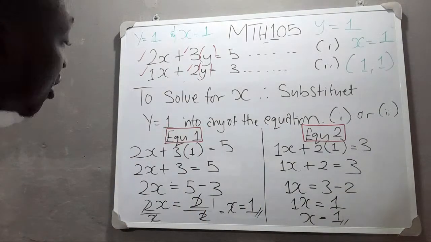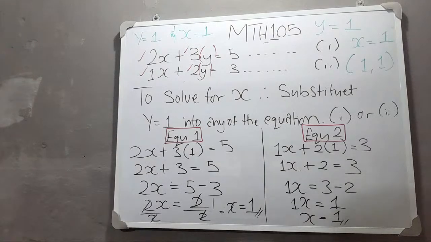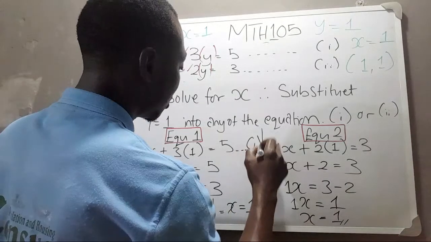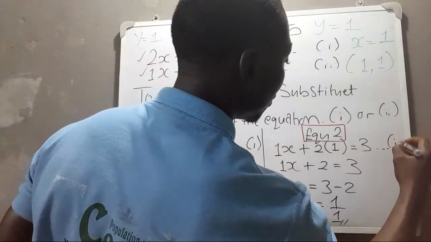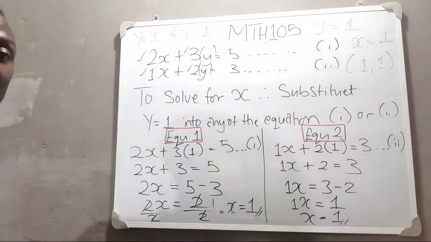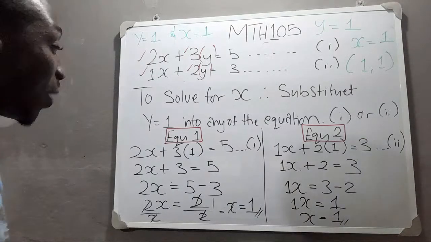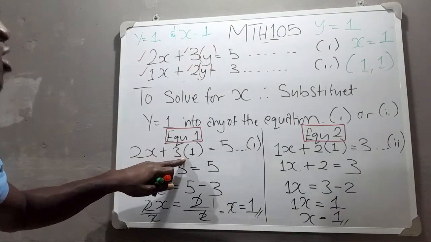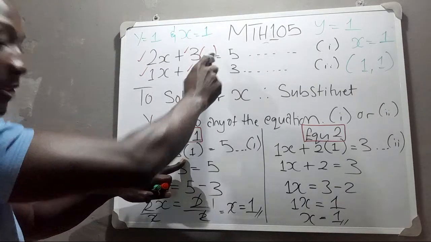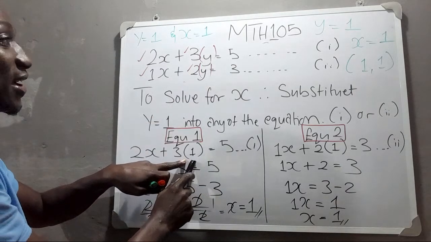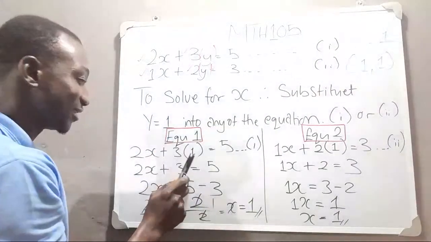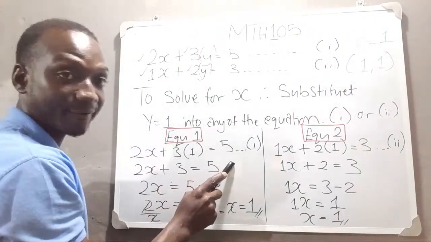Equation 1 says 2x plus 3 into bracket y. Instead of putting y here, I'm substituting it with 1, since we've already gotten our answer, equals 5.